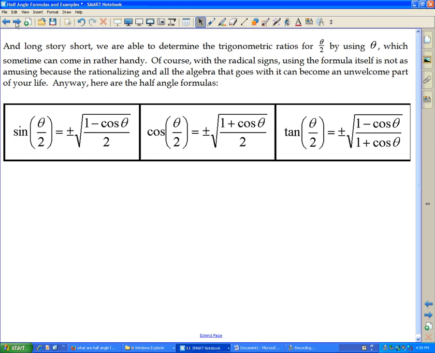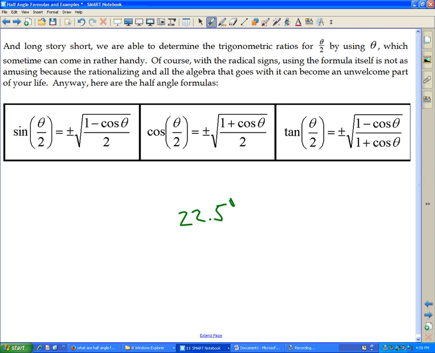For us right now, there's a limit to how much these formulas can really help us. They can help us. I mean, there's no way that you can look at the unit circle or your table of values and say, oh, I want to find the sine, cosine, or tangent of 22.5 degrees. That is not an angle that you could find on there.